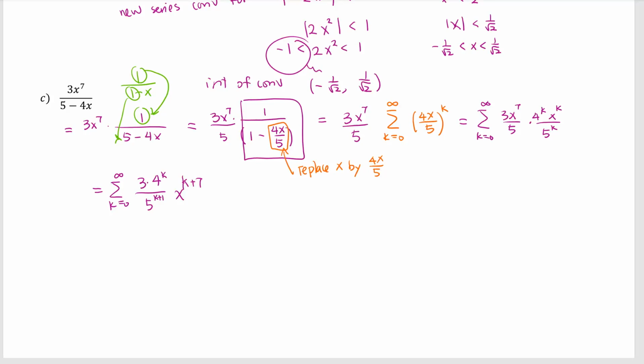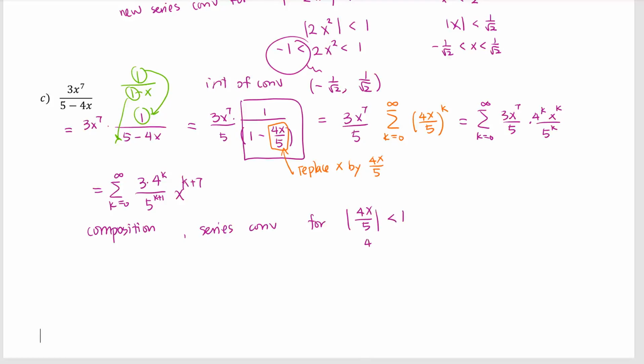Okay, so how will the interval of convergence change? Well, when you multiply by a factor, it won't change. But when we're doing composition, it will change. So our series converges when the absolute value of 4x over 5, where we replaced x by 4x over 5, is less than 1.